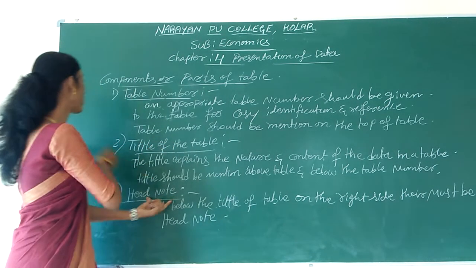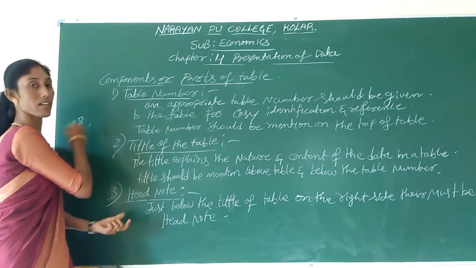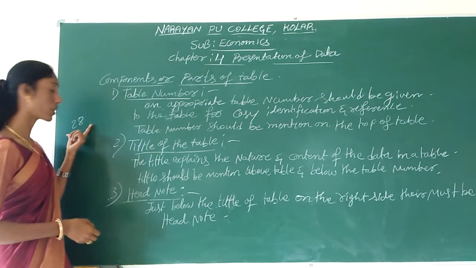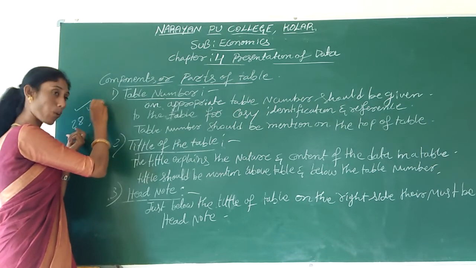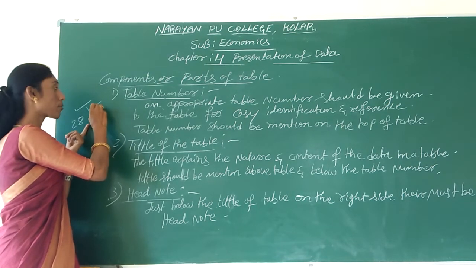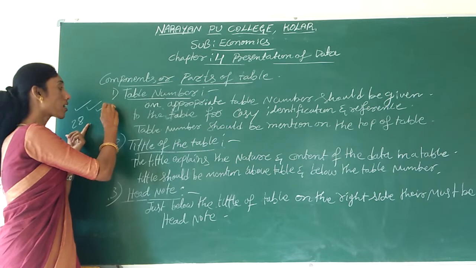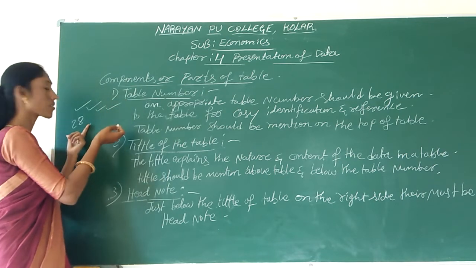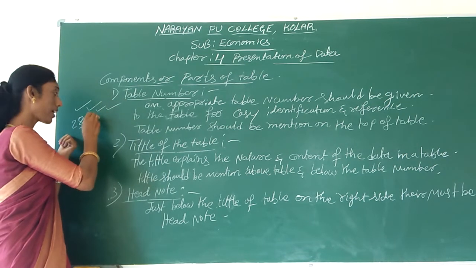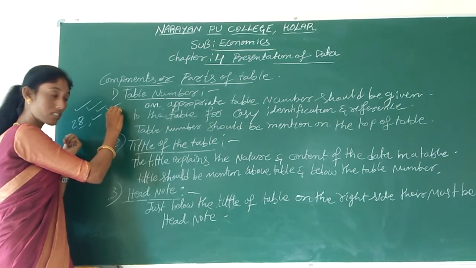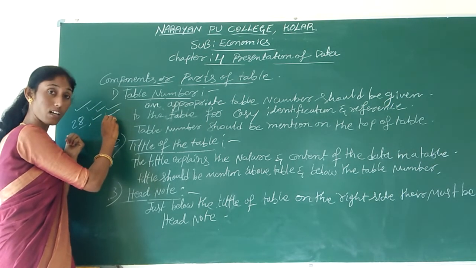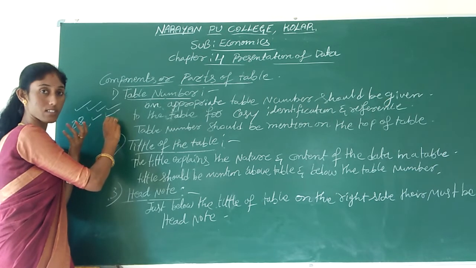If we write 28 as a numerical value, whether that 28 is in hundreds or thousands, or represents lakhs or crores, or else, if it is weight, whether 28 is kgs or tons or quintals.